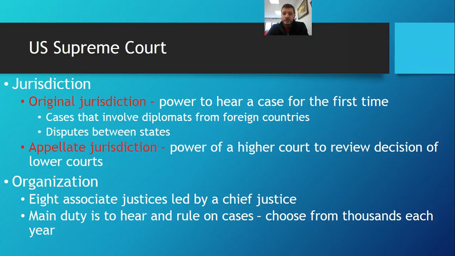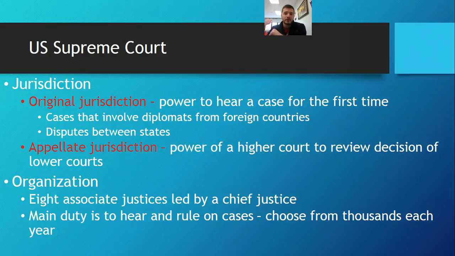Otherwise, they have what's known as appellate jurisdiction, which we talked about in the last video. That is the power of a higher court to review the decision of lower courts. That goes for both of the lower levels, the district level and the appellate level. The Supreme Court can review both of those, but you have to go through both. You have to have a district level trial, then an appeal, and then it would go to the Supreme Court.